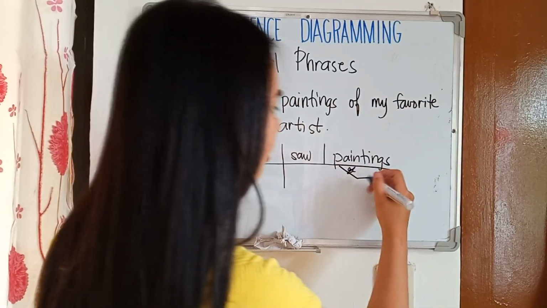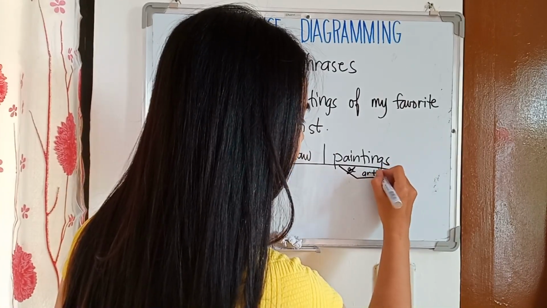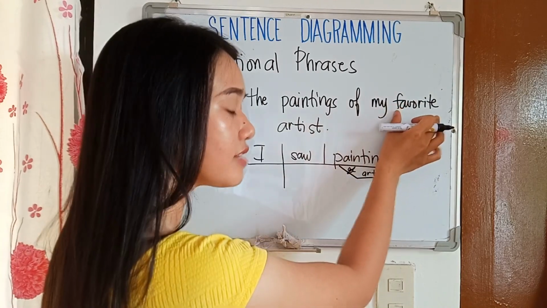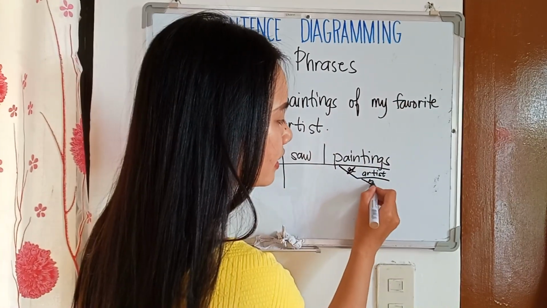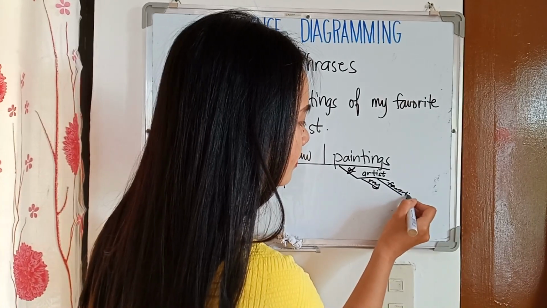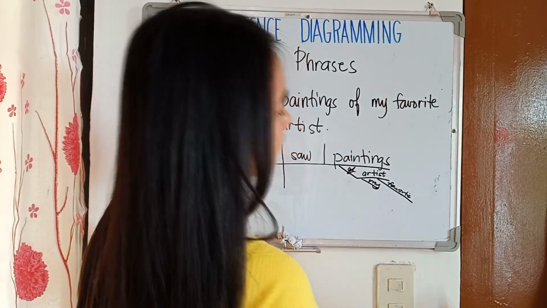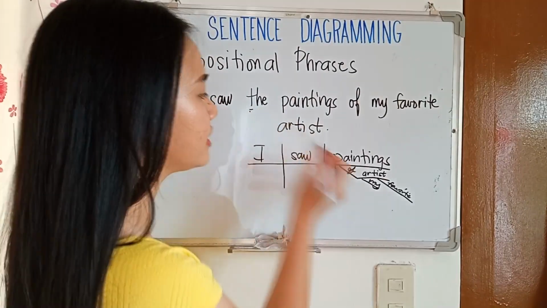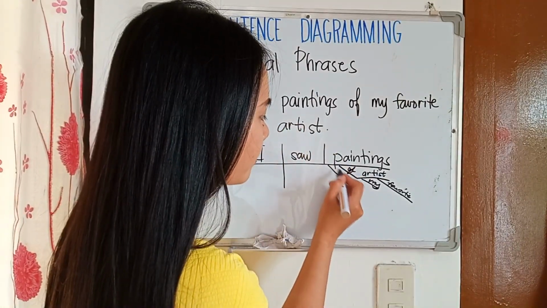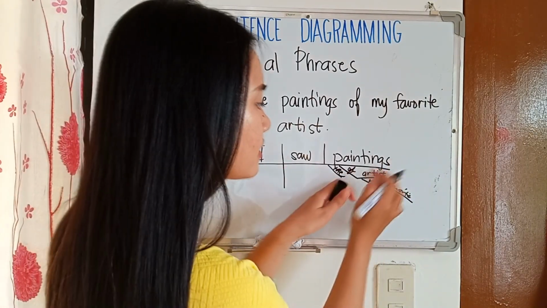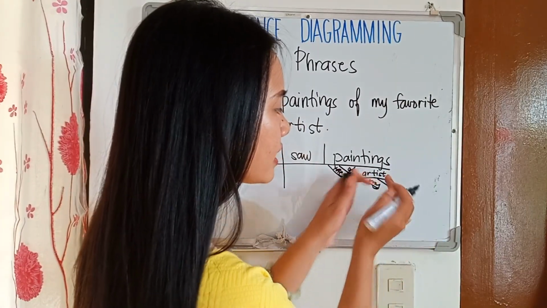The noun is artist. Alright? And we have here two adjectives, my and favorite. Alright. And I almost missed it. There is still a determiner to describe the painting, so we write it here. I saw the paintings of my favorite artist.